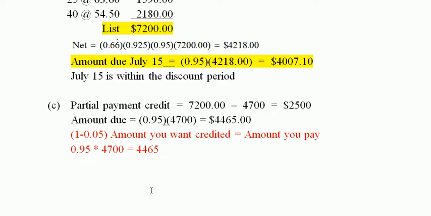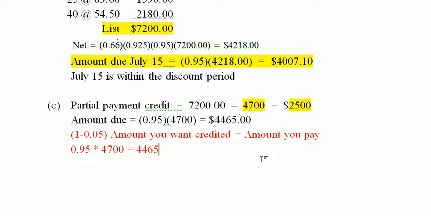So if we wanted to reduce the balance to 2,500, we would need to have our balance credited by 4,700. In other words, in the account books of the supplier, the person to whom we owe money, we want them to write down 4,700, which would decrease our balance owing to 2,500.